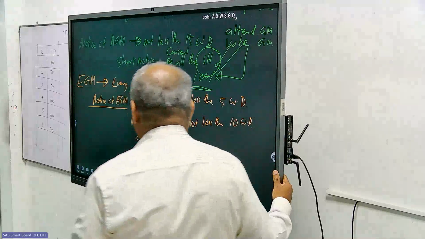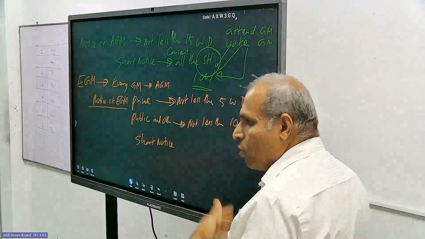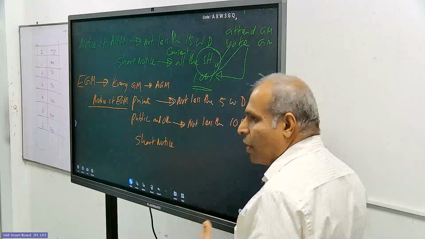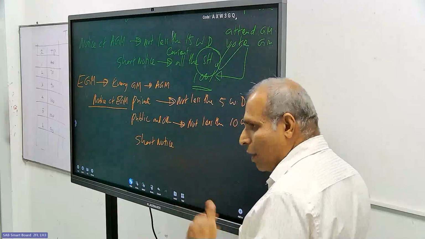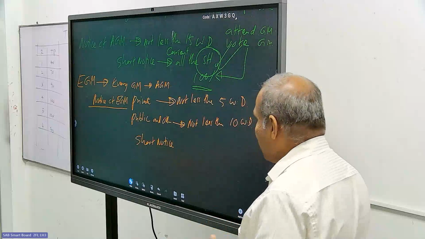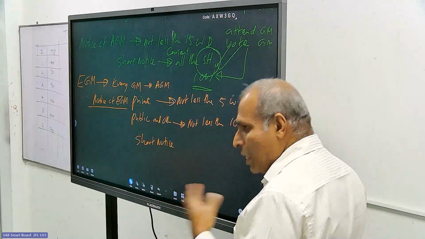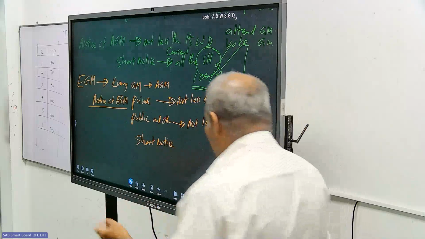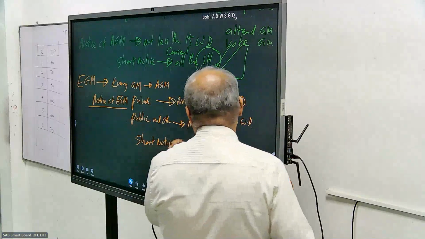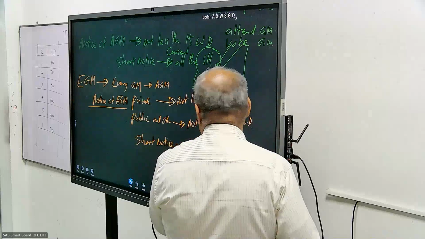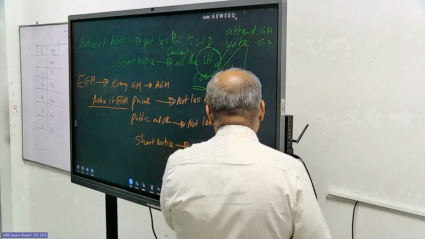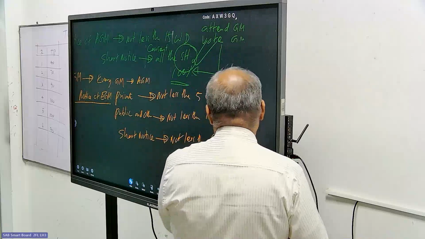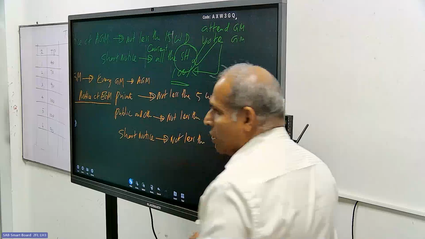In order to call an EGM by short notice, not less than 95% of shareholders must give their consent.